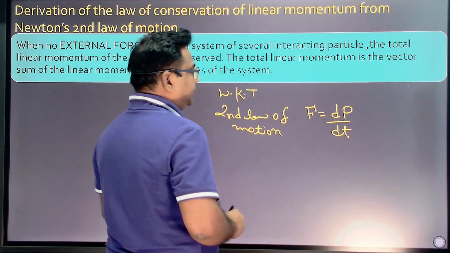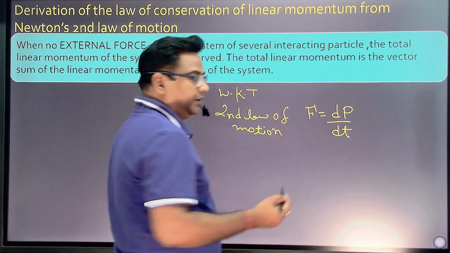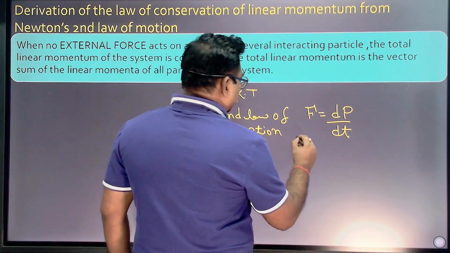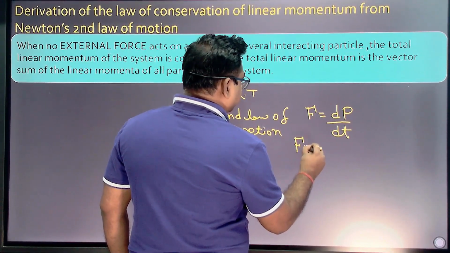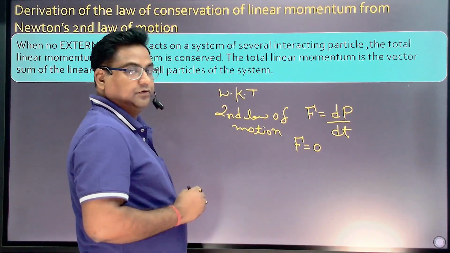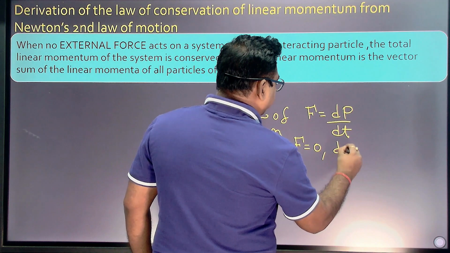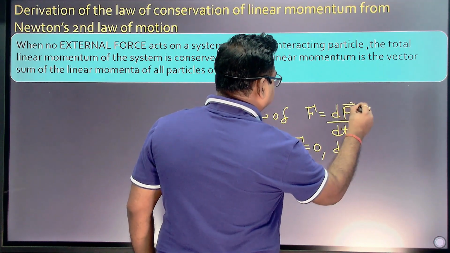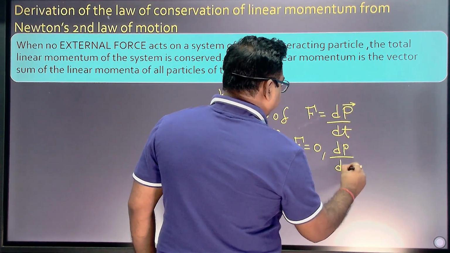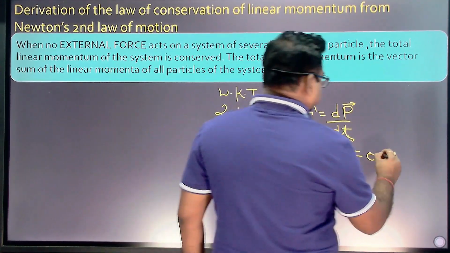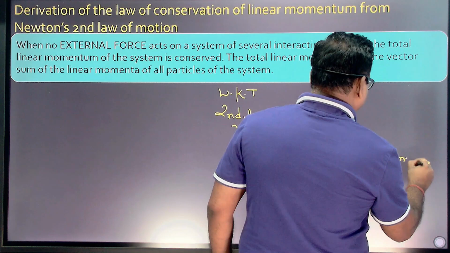Simply, we have taken an isolated system. It means no force acts on that system, so force will be 0. So the rate of change of linear momentum also becomes zero. It means the momentum is constant.